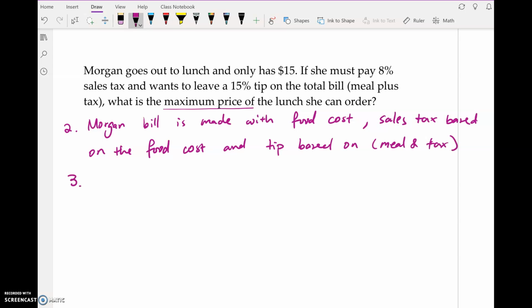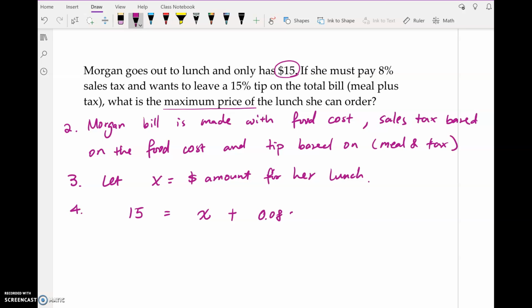So we're looking for the maximum price for the lunch. So by combining them, Morgan's total amount, she only had $15. And she's going to spend $15 on the food cost, the sales tax based on the food cost, so sales tax is 8%, and also the tip based on the meal and tax.